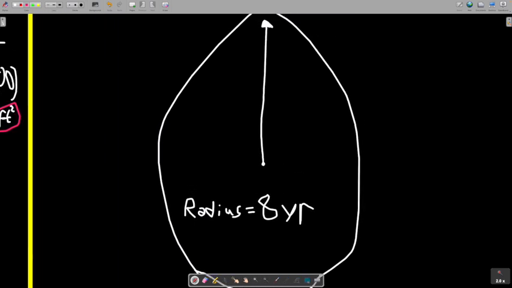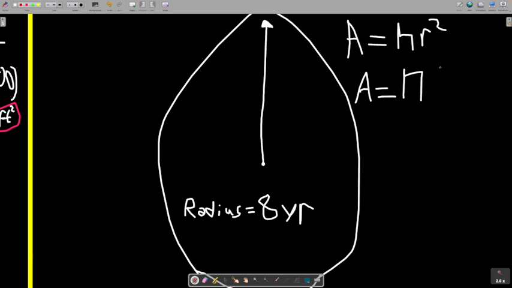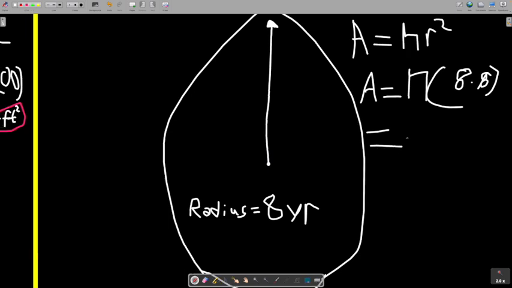Next, assuming this is a perfect circle, the radius is 8 yards. So the formula is A equals pi r squared. So the area equals pi times 8 squared. 8 times 8 is equal to 64. So we're going to have pi times 64.